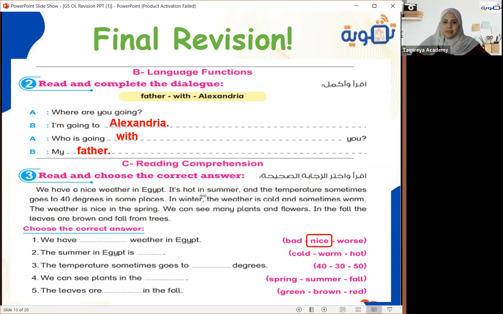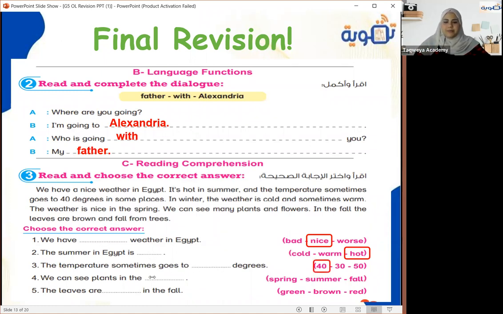It's hot in summer, and the temperatures sometimes go to 40 degrees in some places. So the summer in Egypt is hot. 3, the temperature sometimes goes to, have a look, 40 degrees in some places. So the answer is 40.